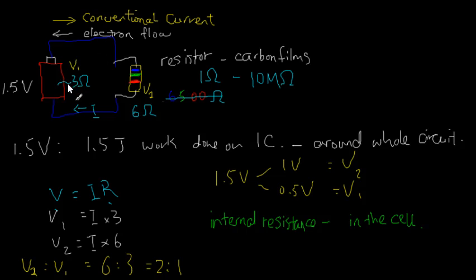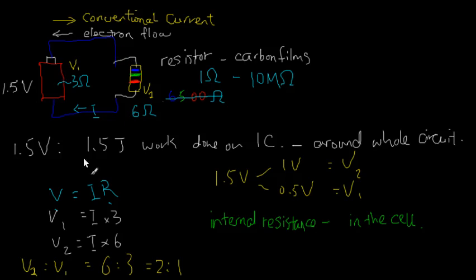Now the other thing is the 1.5 volts. I've talked about this mostly up to now as the voltage given by the battery. But in this case, as we have seen, the 1.5 volts is not really the voltage across the resistor itself.